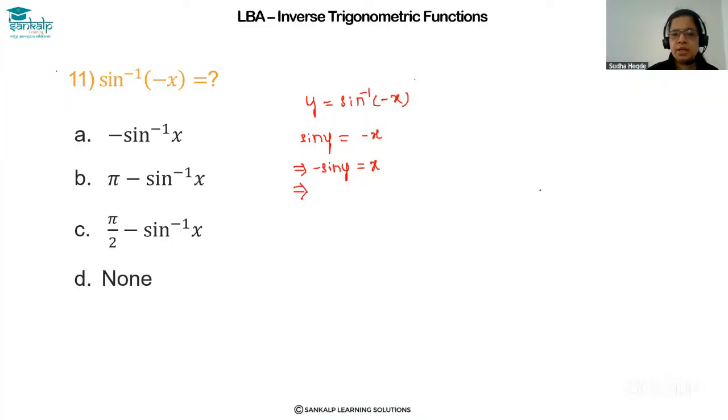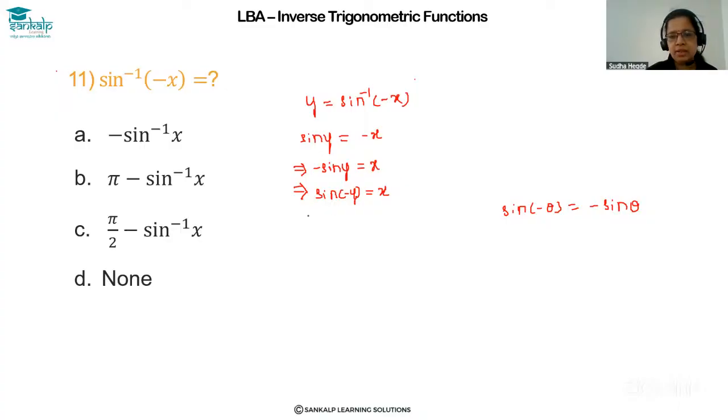This implies we have sine of minus theta is equal to minus sine theta. So here you have minus sine y. You can write it as sine of minus y is equal to x. Now move sine to the other side.